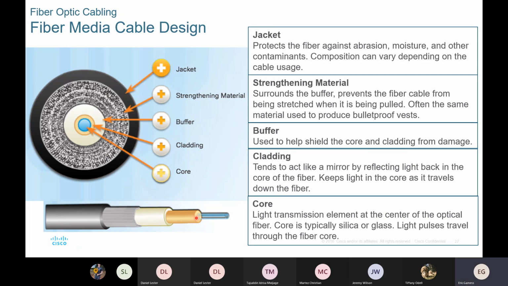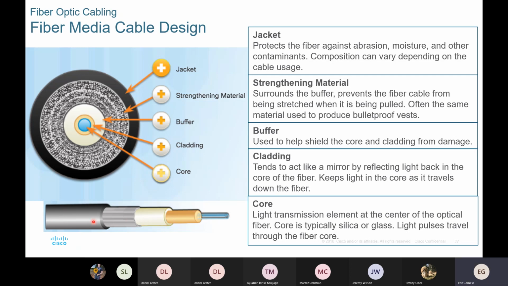Every time that a mode of light wants to go out, the cladding will bounce it back inside the core. So it acts like a mirror to avoid the ray of light going out from the core.